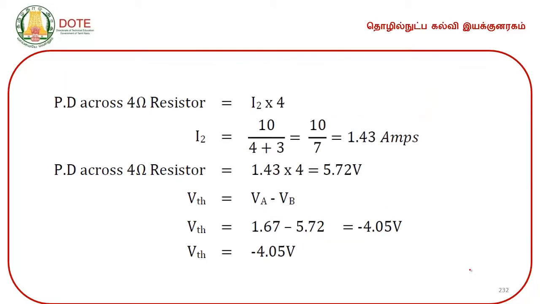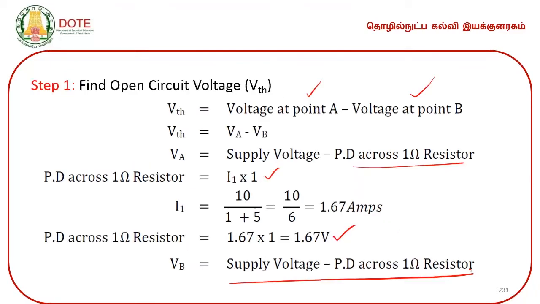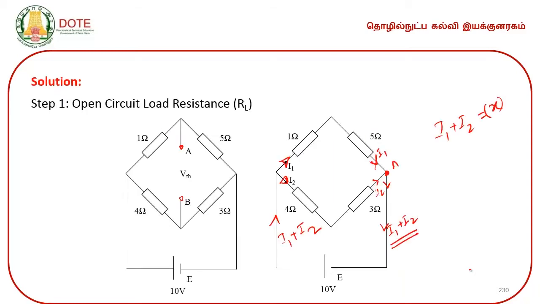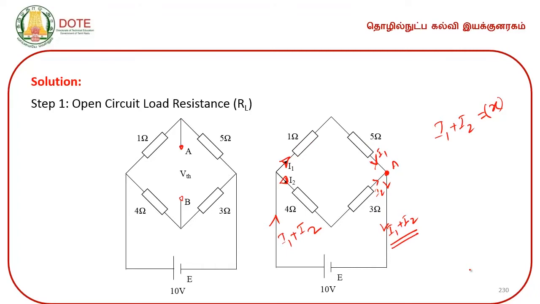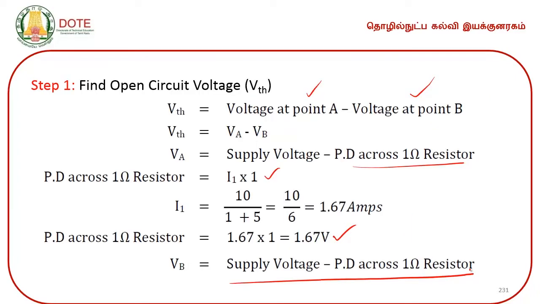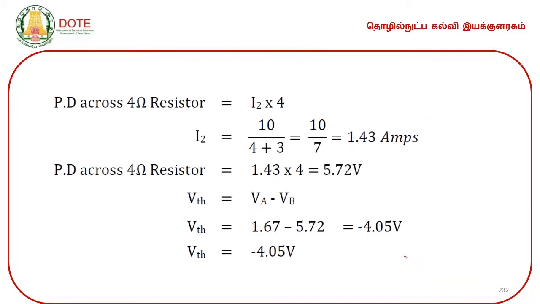Potential difference across, sorry, it is not, it is 4 ohm resistor, it seems. Yes, 4 ohm resistor, not 1 ohm. So, potential difference across 4 ohm resistor is I2 into 4, I2 is equal to 1.43 amperes, and respective potential drop across 4 ohms is calculated as 5.72.